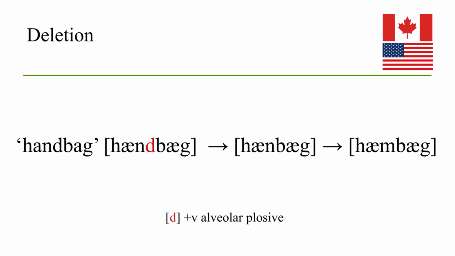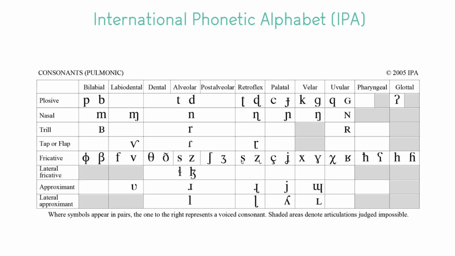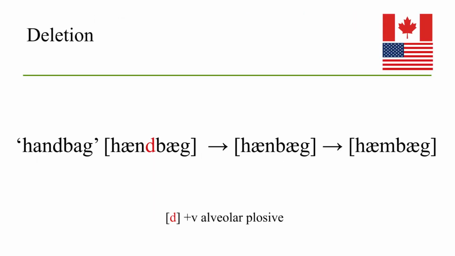So my point is, we can say that sometimes a word undergoes more than one phonological process, because then you have na ba, and as you know in the chart, na is alveolar and ba is bilabial. What is happening is we turn na to ma. We change the place of articulation from the alveolar ridge to the bilabial position, two lips. Alveolar ridge, two lips, ma, because this is also two lips. So this is a process of assimilation.